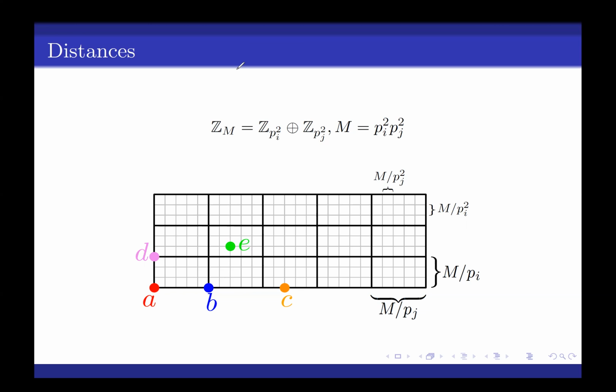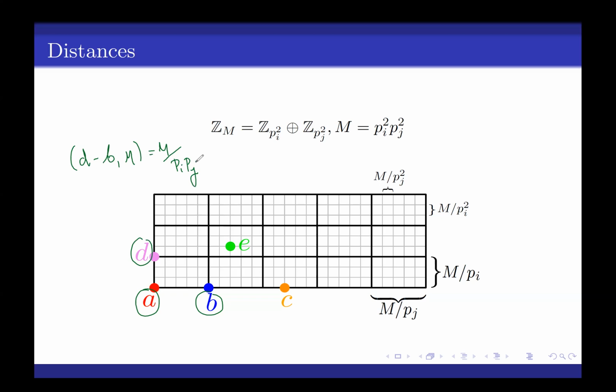In this picture, for instance, the distance between point A and point B is M over pj. The distance between point A and point D is M over pi, which means that the distance between point B and point D is M over pi pj. Let's take a look at a couple more examples. The distance from both A and B to the point C in this picture is M over pj squared.